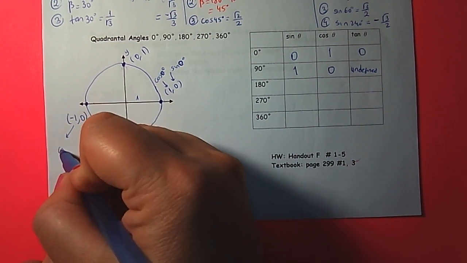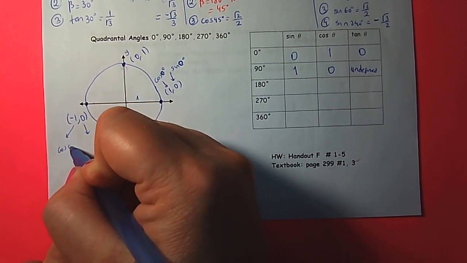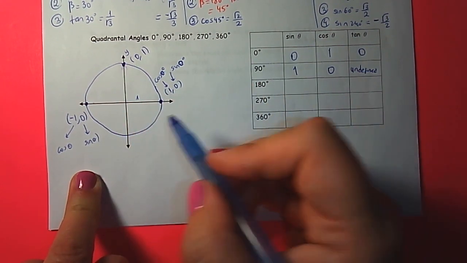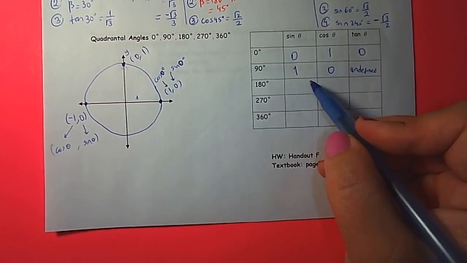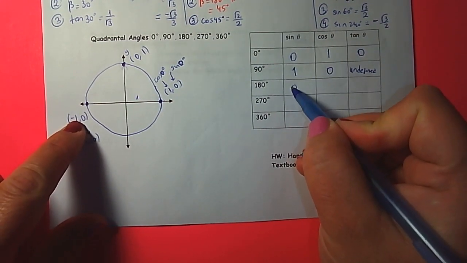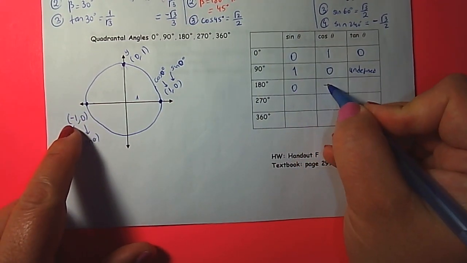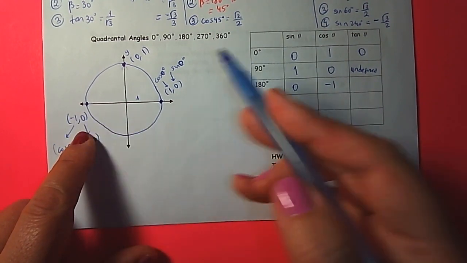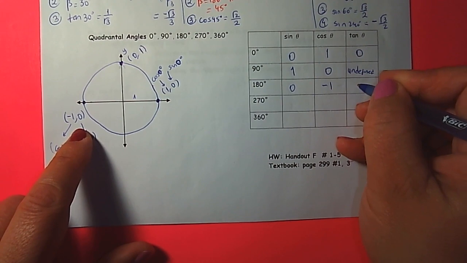Again, the first coordinate represents cos theta and the second coordinate represents sine theta. So sine 180 is 0, cos 180 is negative 1. Tangent theta is y coordinate over x coordinate, 0 over negative 1, which gives you 0.